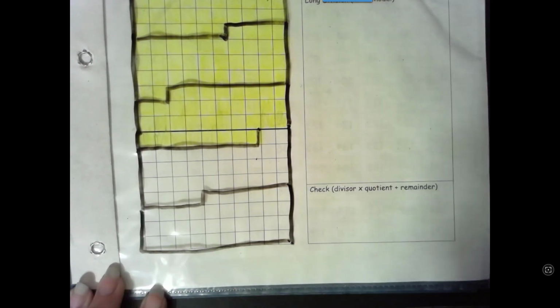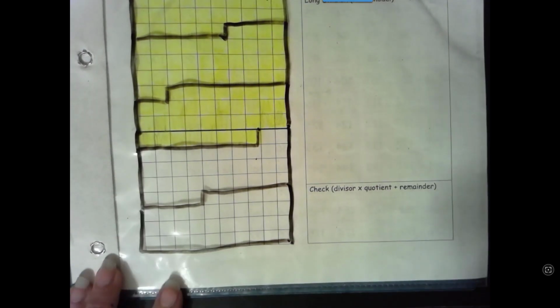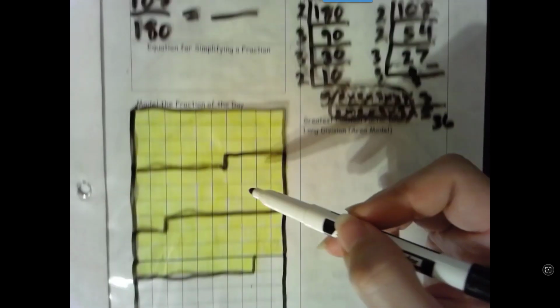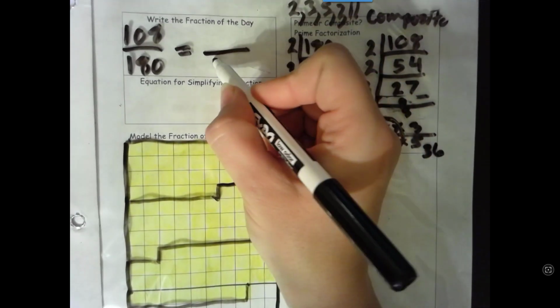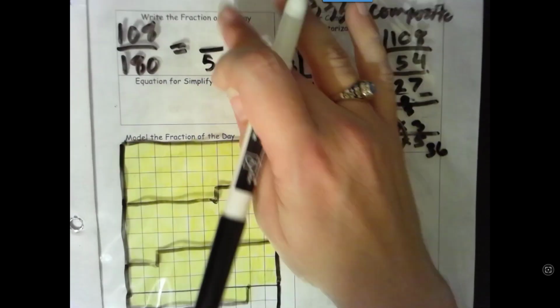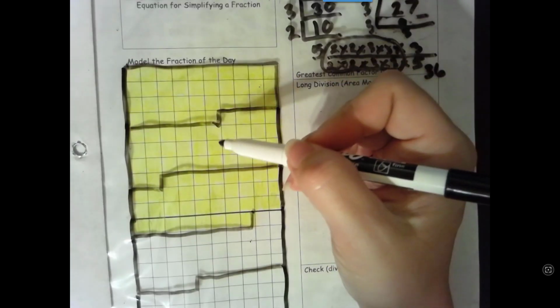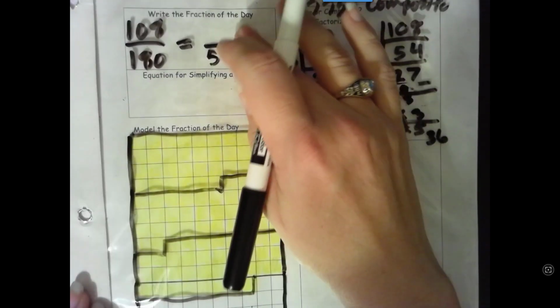There's my groups of 36. I have a total of 1, 2, 3, 4, 5. And I have 1, 2, 3 shaded in.